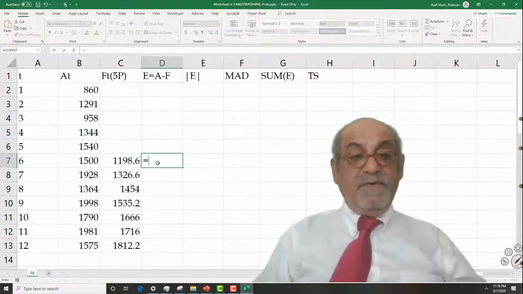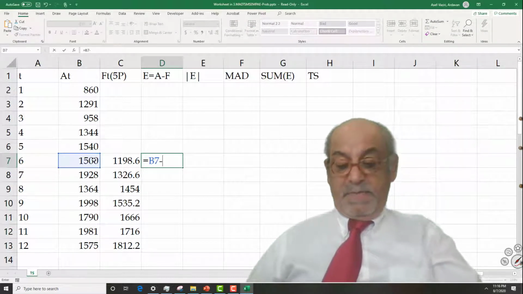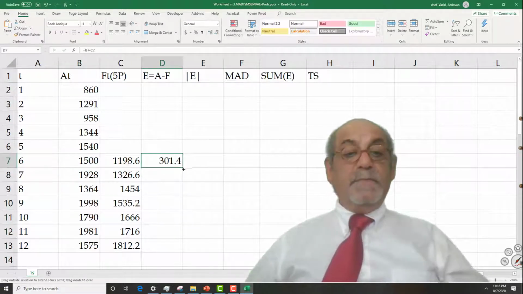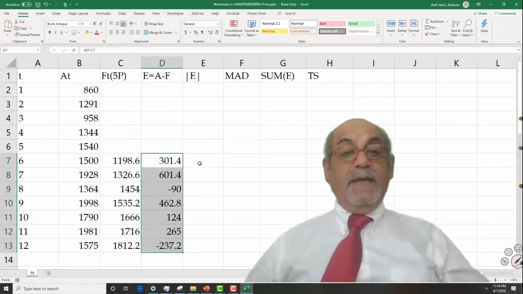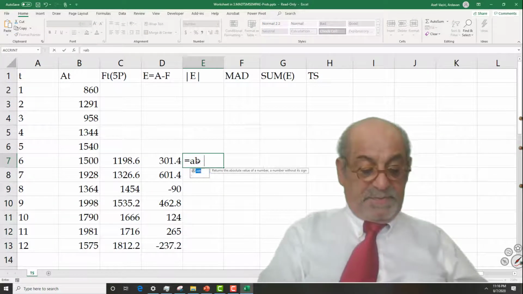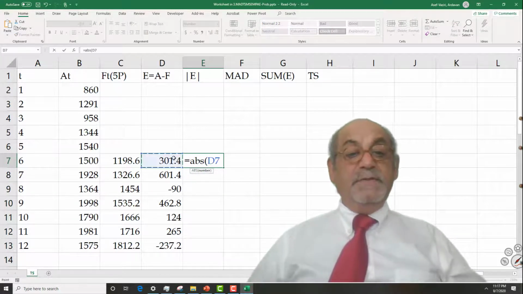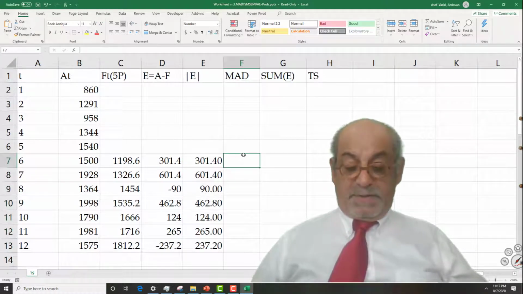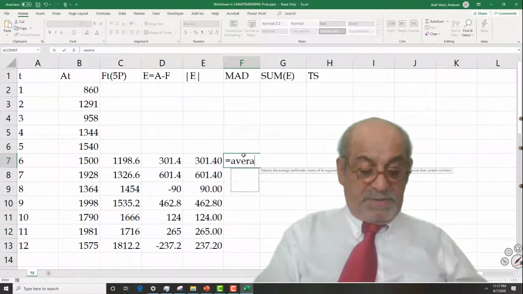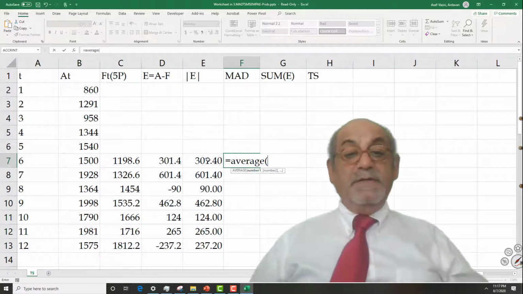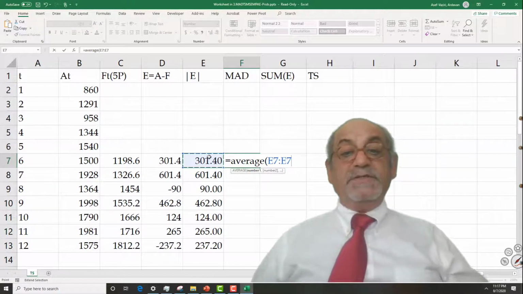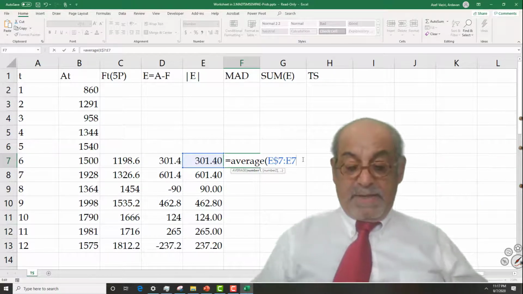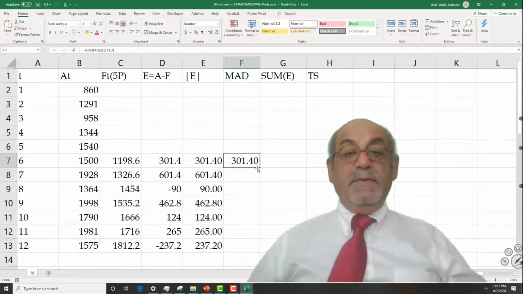Error equals A minus F. Enter. Copy down. Absolute equals ABS of this. There. MAD equals the average of this one colon to itself, and lock this 7, and copy down.